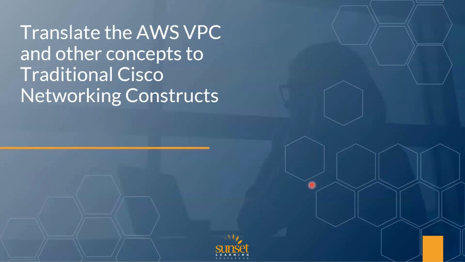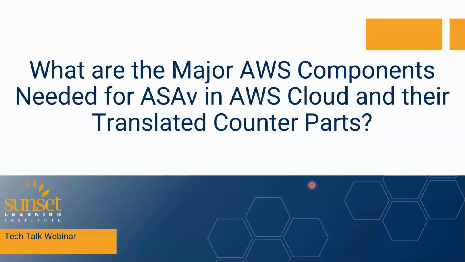All right. So with that being said, folks, the last thing we have to do is talk about the constructs that we just discussed in AWS, like subnets, VPCs, and so forth, and translate them into what a Cisco engineer would recognize. So what are the major AWS components needed for an ASAv in AWS Cloud?